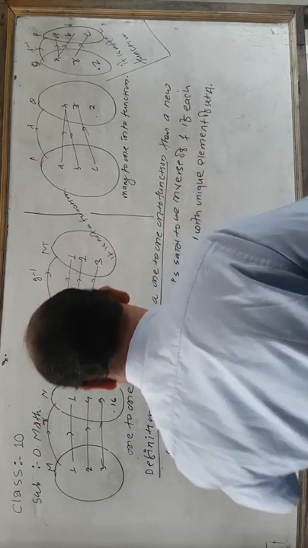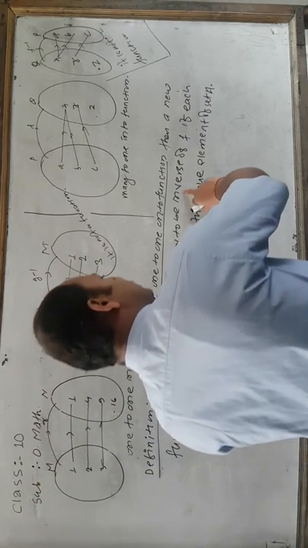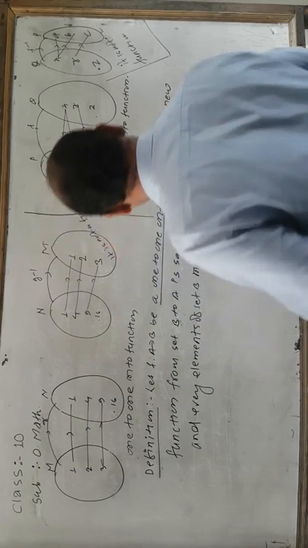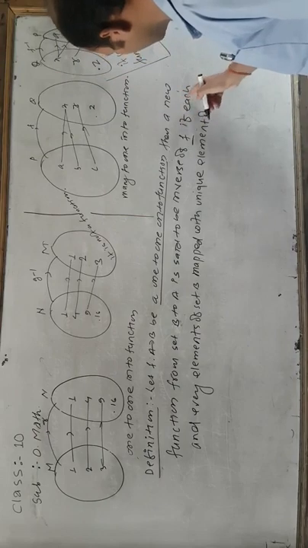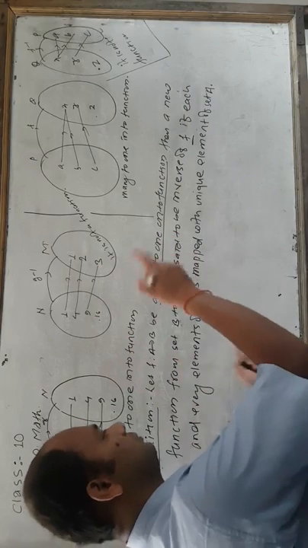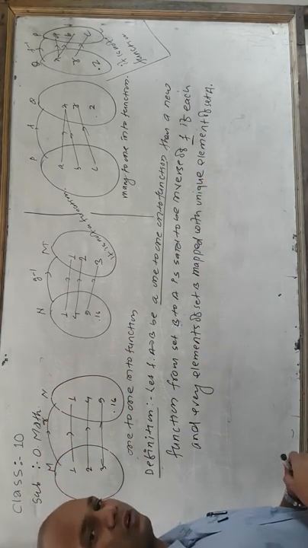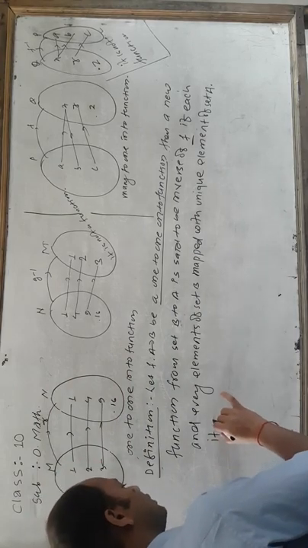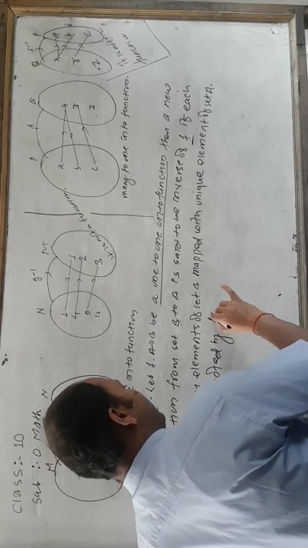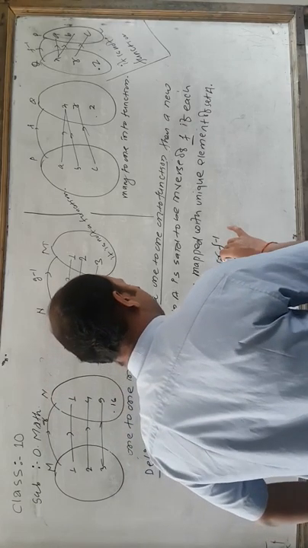Then a new function from set B to A is said to be the inverse of f, if each and every element of set B maps with a unique element of set A. Then it is called the inverse of function f, and it is denoted by f inverse: B to A, or f inverse.